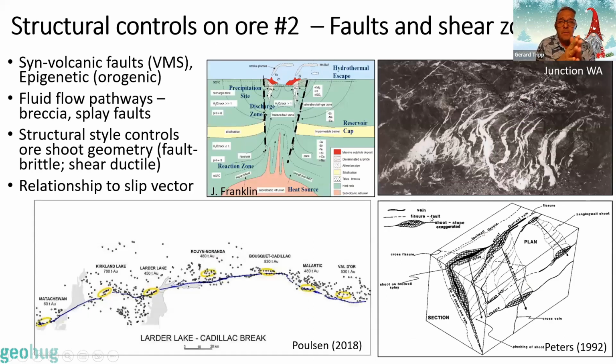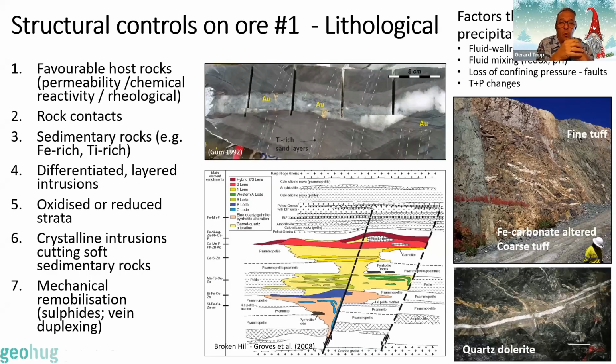So there are only 3 main structural controls on ore, and I'm happy to be corrected on that, but I think they're the ones that matter the most in economic environments. Certainly the most important initial control is lithological. It's related to the architecture and the structure of the host sequence that the mineralisation is imposed upon.